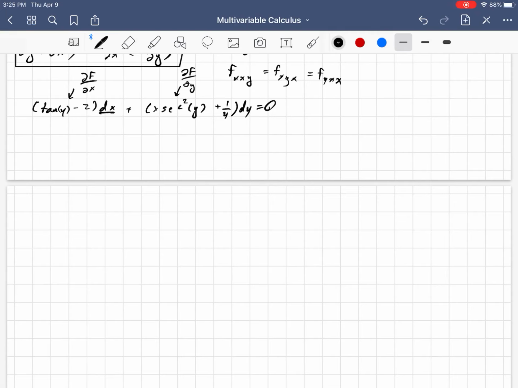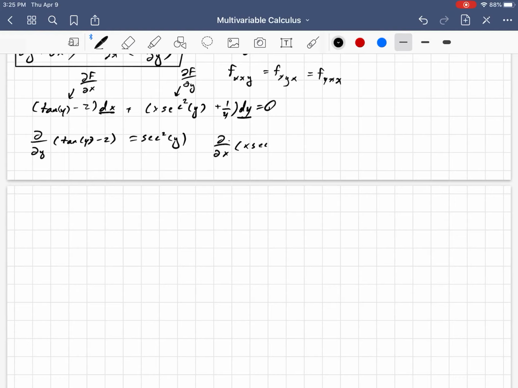So first I want to check for exactness. The way I remember it is I say, well, this goes with the x, so I need to partially differentiate it with respect to y, and this is with the y, so I need to differentiate this with respect to x. So first, the partial with respect to y of the tangent of y minus 2, which is just secant squared of y.